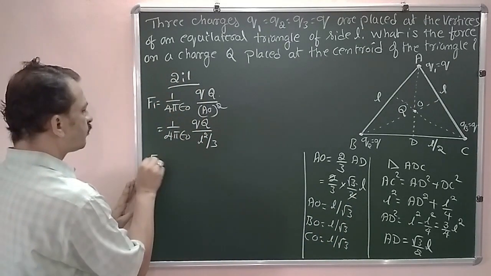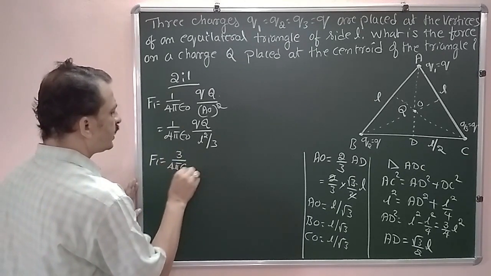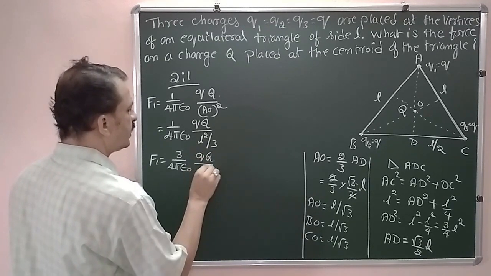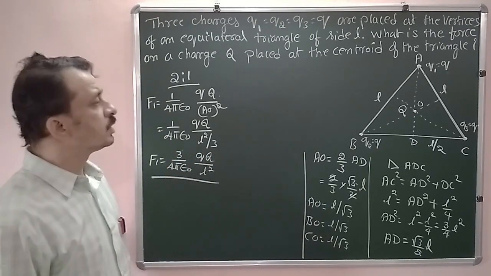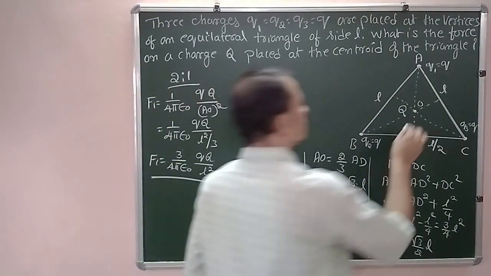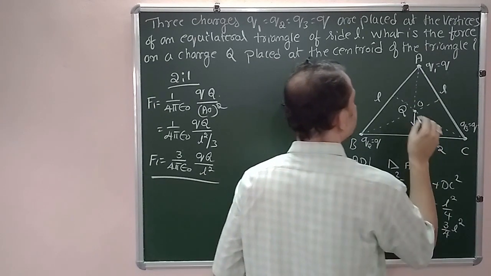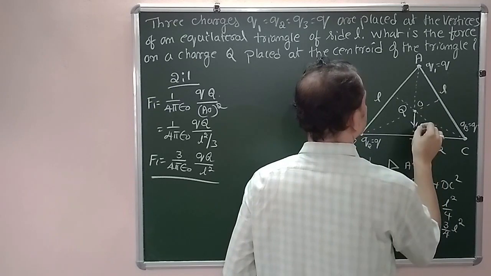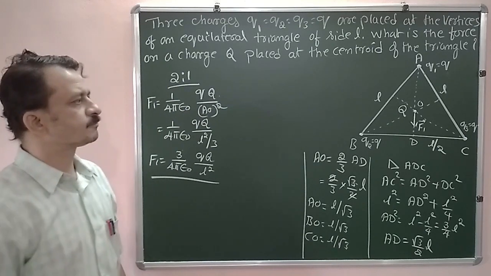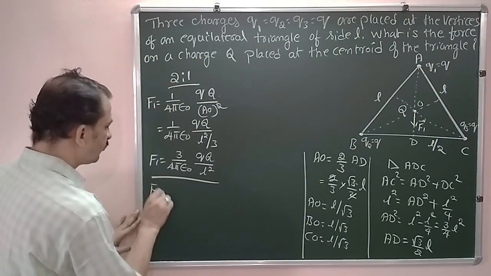Therefore we get F1 is equal to 3 divided by 4 pi epsilon naught small q capital Q divided by L square. Since these two are having the same kind of charges, the force is repulsive. It is acting along AD direction. This is F1, force acting along AD direction.